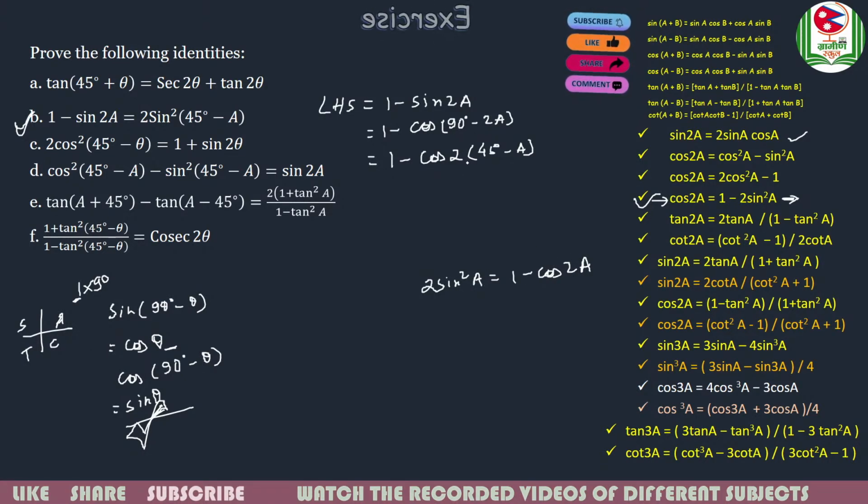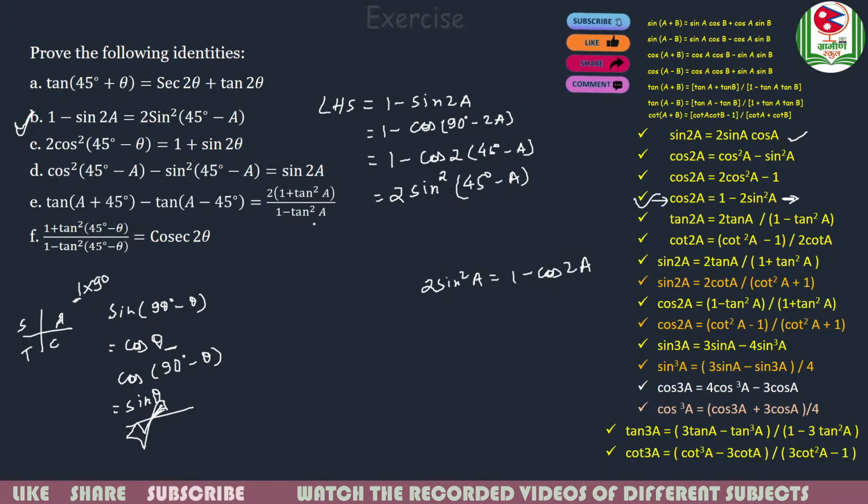Using this relation, here we see 1 minus cos 2 into a, and here a is 45 degree minus a. So we can easily write 2 into sin square, and instead of 2a we write only a, and a is 45 degree minus a. So we write 45 degree minus a.